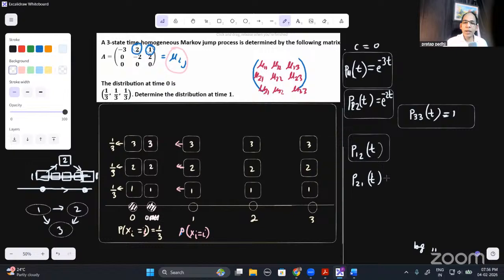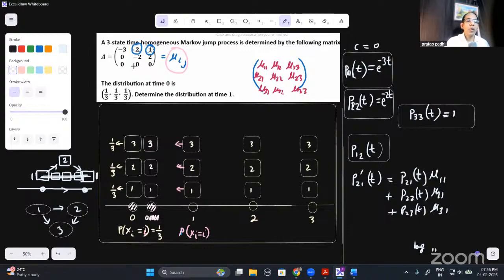So P21(t), if I write the differentiation, P21'(t) equals P21(t) mu11 plus P22(t) mu21 plus P23(t) mu31, right? So here you check mu11, mu21, mu31. Mu11 is minus 3, that's fine.